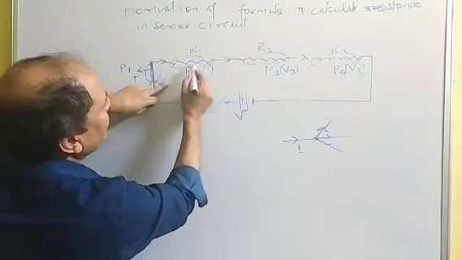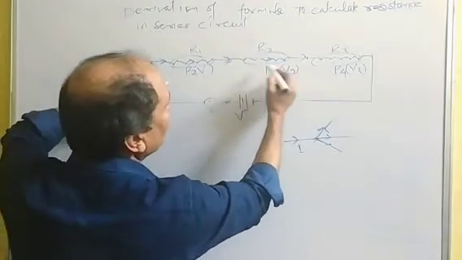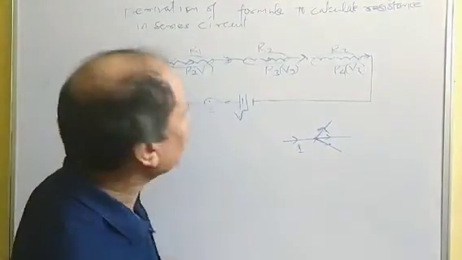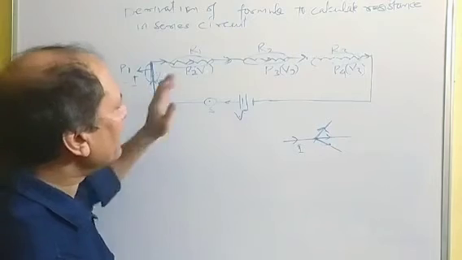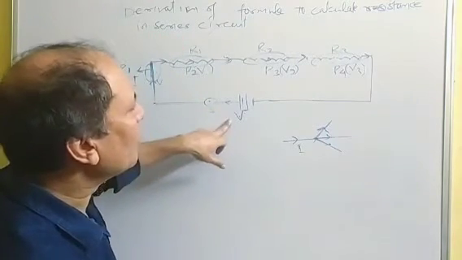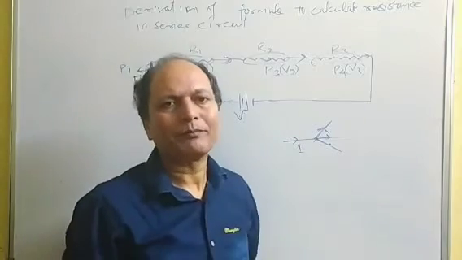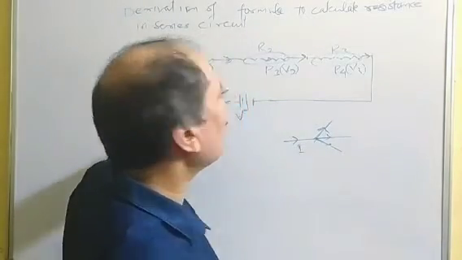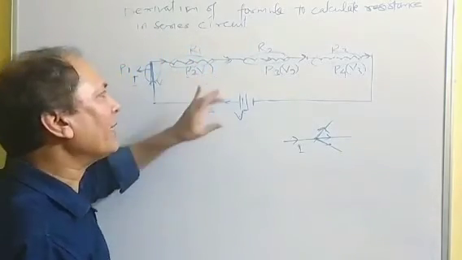Current is going straight, from here to here, here to here. So on this basis, in a series circuit, the value of current is always constant, but the value of potential difference is variable.